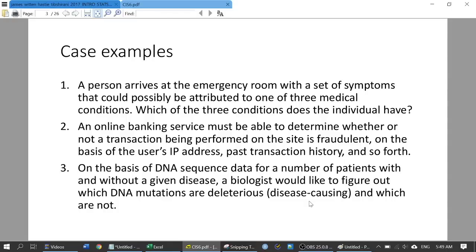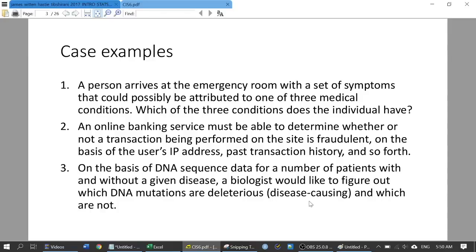Let's look at the first example. A person arrives at the emergency room with a set of symptoms that could possibly be attributed to one of three medical conditions. The goal here is, based on these predictors, the independent variables, the set of symptoms, to predict which of the three medical conditions this person has.